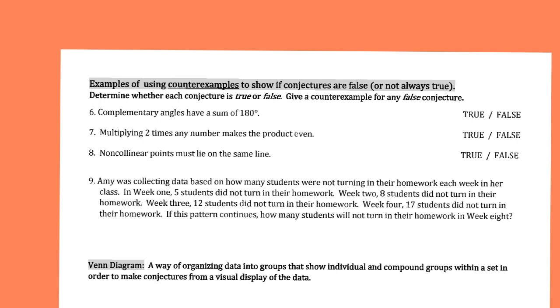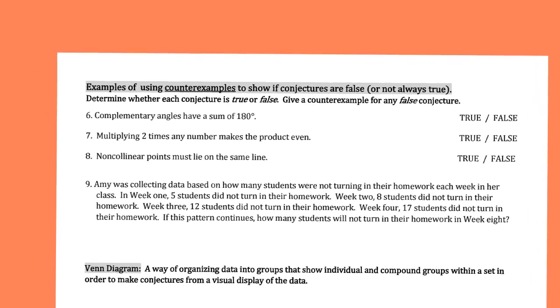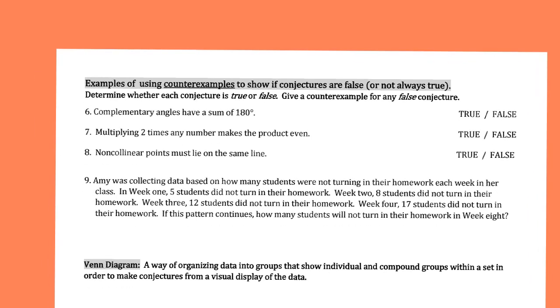Okay, so let's check out these conjectures. Are they true or false? Complementary angles have a sum of 180 degrees. You're like, complementary don't, that's a lie. Complementary means they add to be 90 degrees, so that would be false. So your job would be to say, okay, that's false, and why? So you give a counterexample. So you write counterexample.